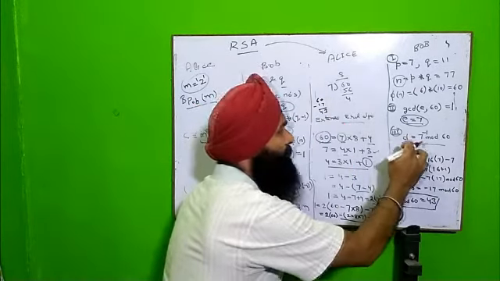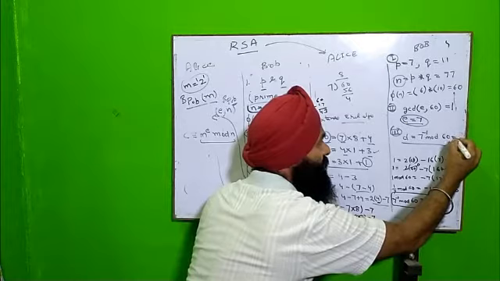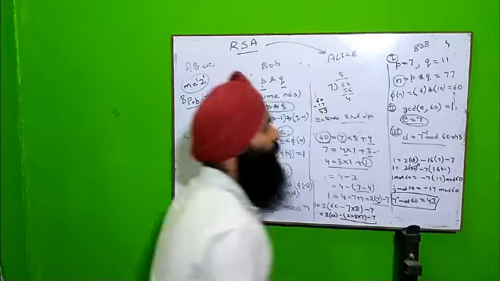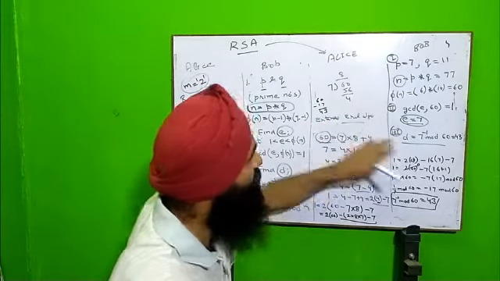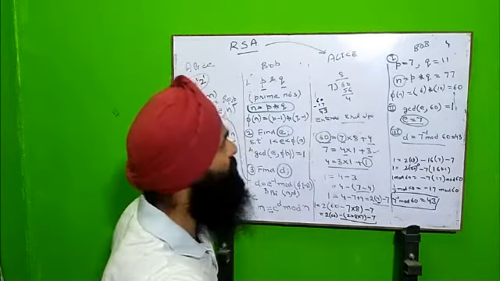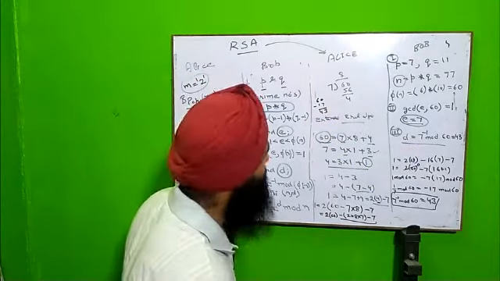It means our D is equal to 43 over here. So we have used the extended Euclidean algorithm to solve this modular inversion relation.